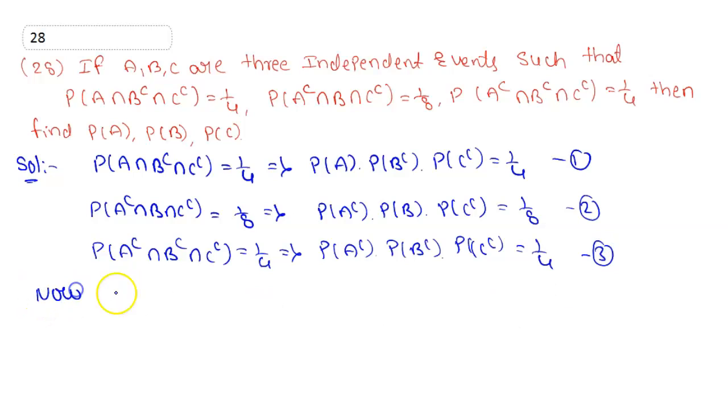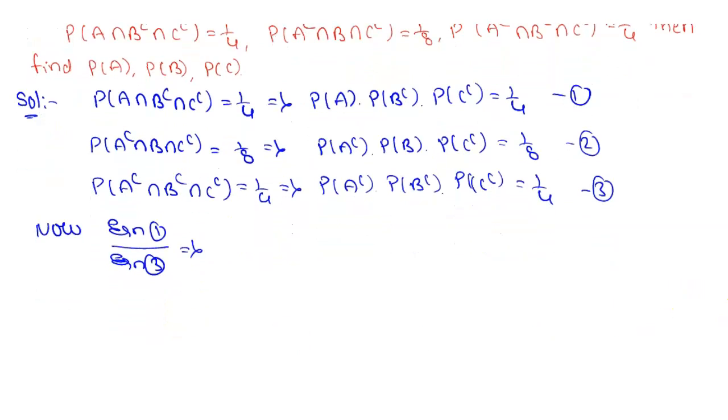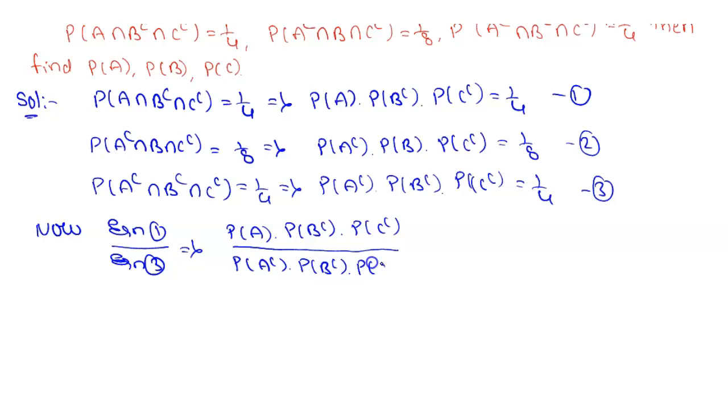Now equation 1 by equation 3 implies, equation 1 is P of A into P of B complement into P of C complement by P of A complement into P of B complement into P of C complement is equal to 1 by 4 by 1 by 4.